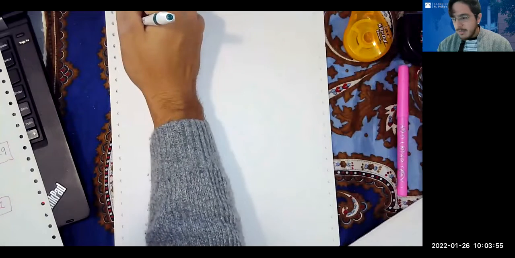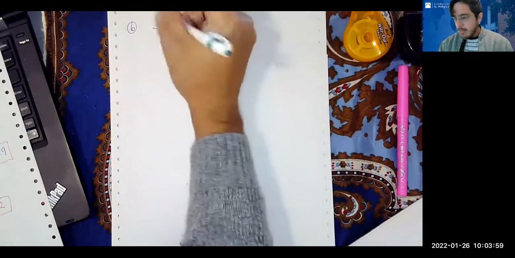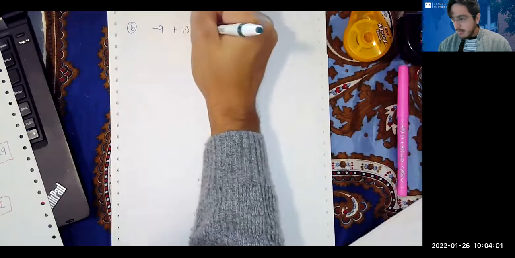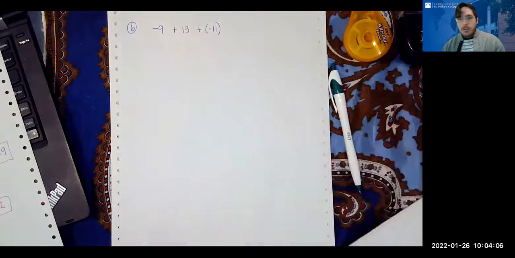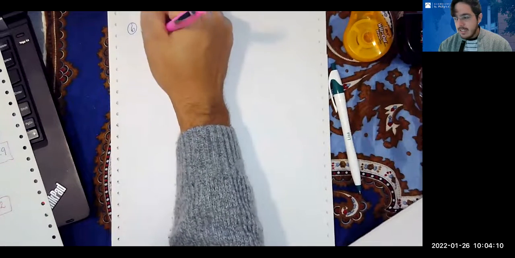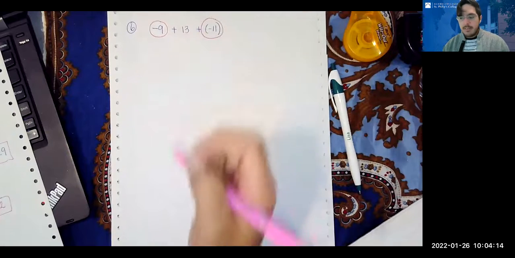Let's go ahead and take a look at number 6 again. We had -9 plus 13 plus -11. And so you're saying that we want to deal with the negatives first. So we take the -9 and the -11.